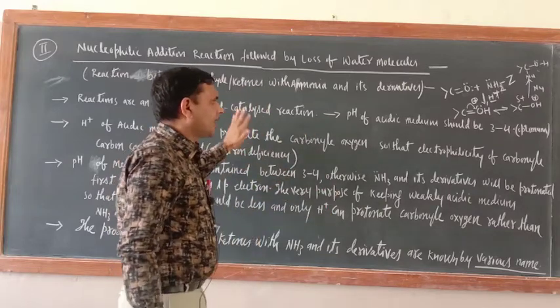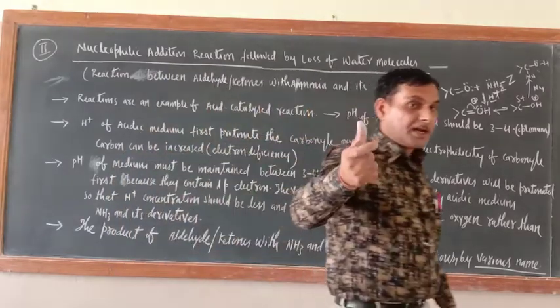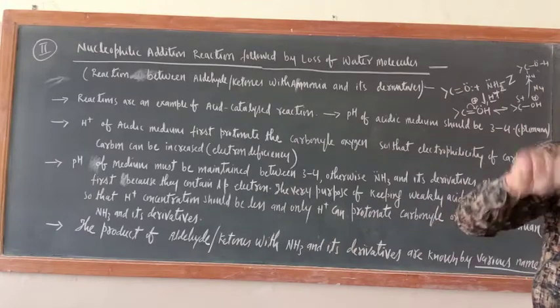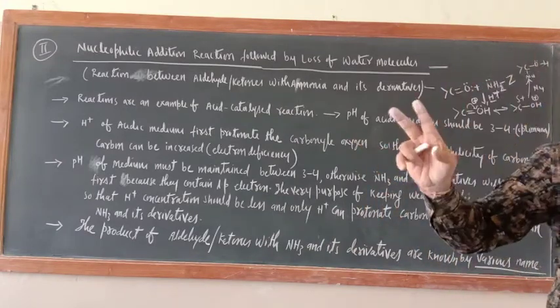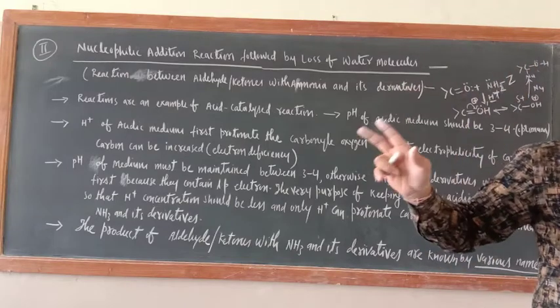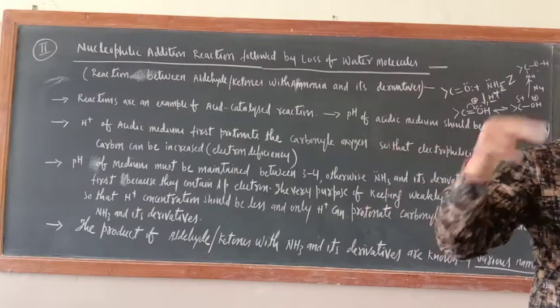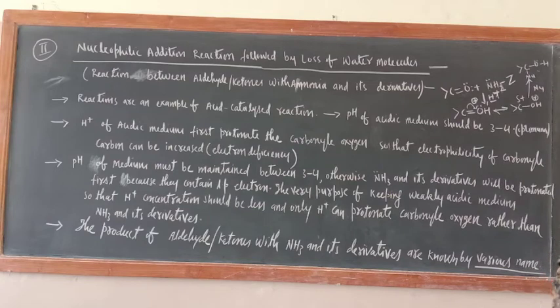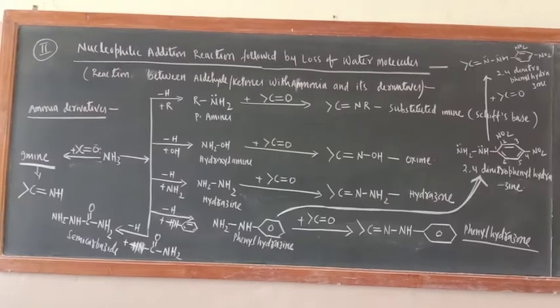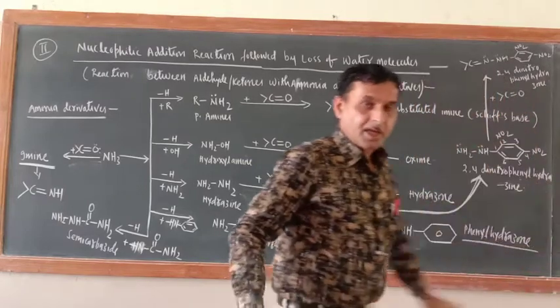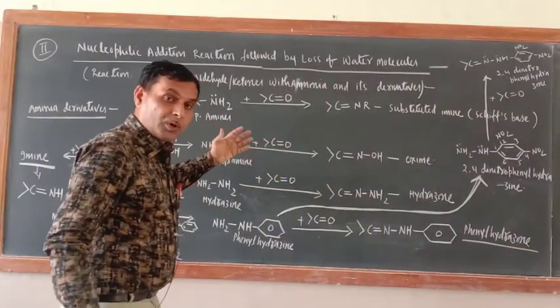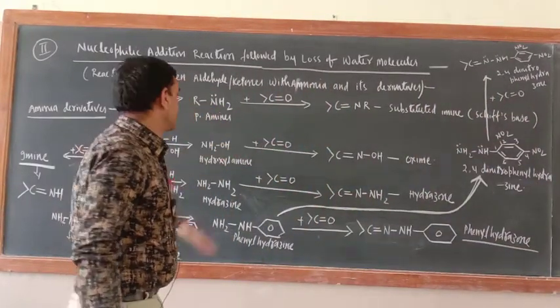Now after this I will tell you ammonia and its derivatives' names, and when they react with aldehydes and ketones, what is the name of the product, and afterwards one by one I will write the reactions of these ammonia derivatives with aldehydes and ketones. Okay, so now just see the names of ammonia and its derivatives first, and what are the names of the products when they react with aldehydes and ketones.